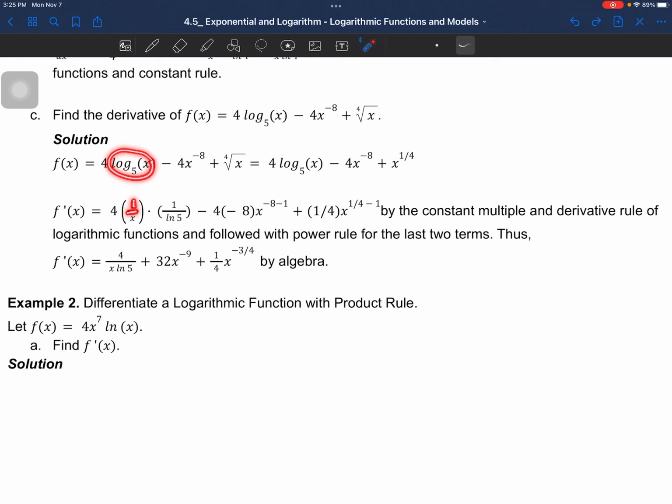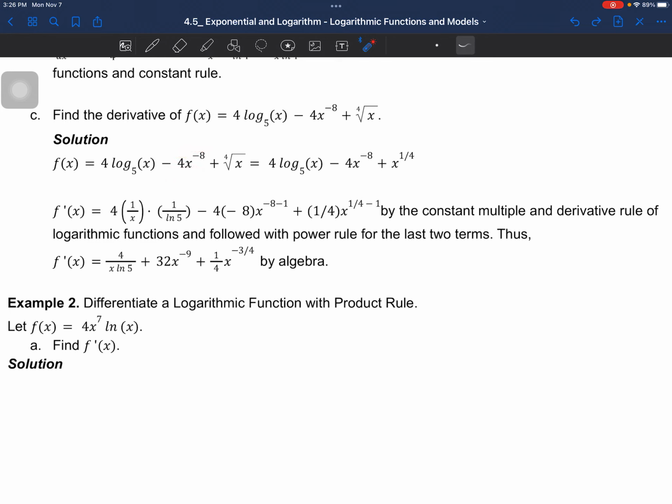The derivative of this one is a constant multiple of a function. The constant is carried over, multiplied by the derivative of the function. The derivative of the function, being a logarithm base 5, is going to be 1 over x times 1 over the natural log of the base, which is 5.